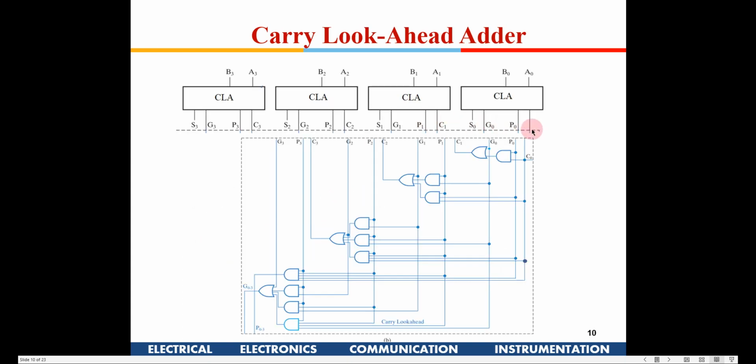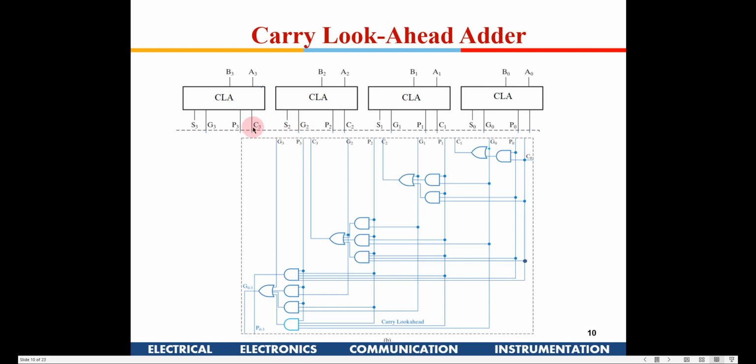Now if I try to implement this, this is how a 4-bit carry look ahead adder is going to look. These we discussed. For the last one also, if you see here, this is generate, right? That means if B3 and A3 both are 1, straight away carry will be generated. That means within 2 gate delays it will be generated.